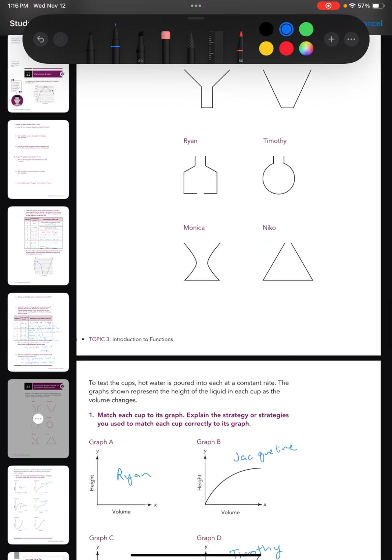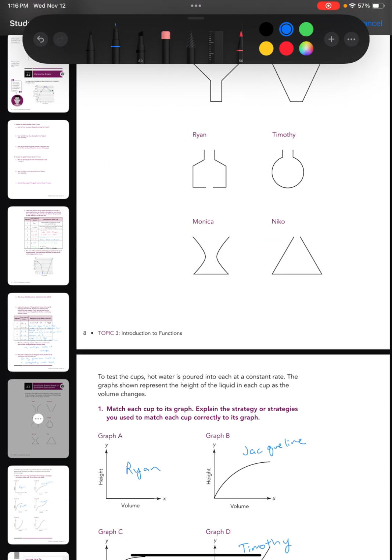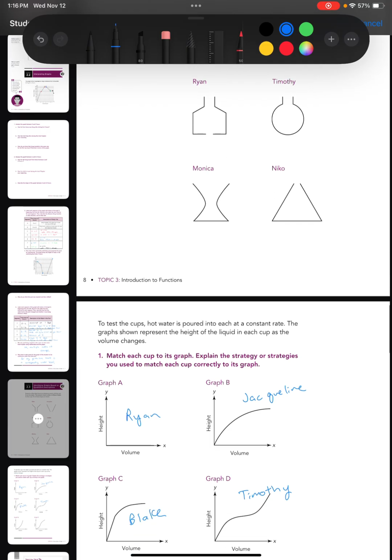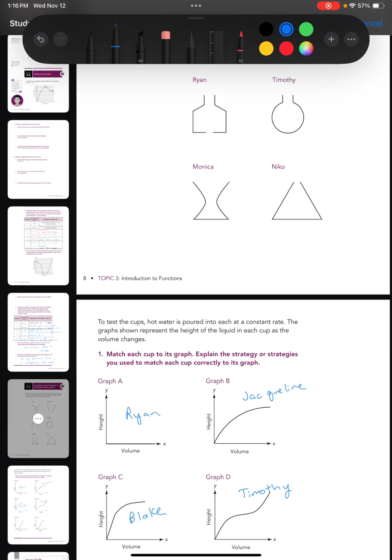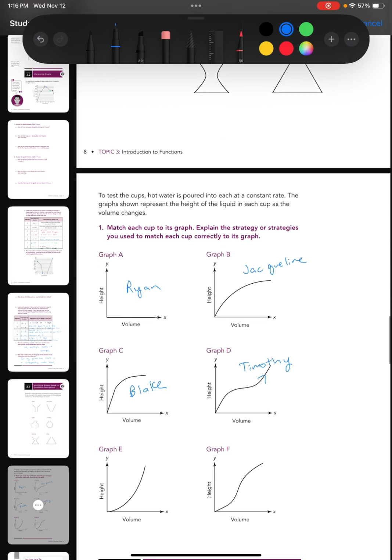And if we go to Timothy's, it looks like it's going to start to fill a little quickly, and then it's going to slow and become pretty constant as far as that height going up. That's why it flattens out. And then at the top, it narrows again, so that increase is going to go up drastically like that's showing there on graph D. Graph E corresponds to Nico.